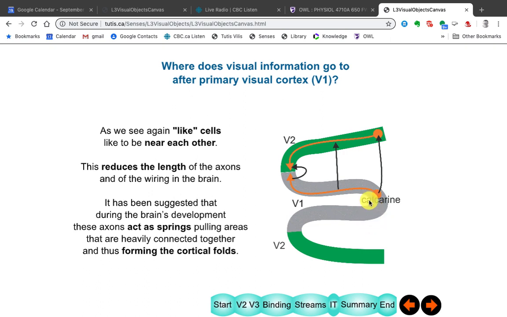This axon would be pulling because it was connected to a similar cell, and this would make the connection between this neuron and this neuron the shortest possible. So this fold would shorten the connections between these neurons and these neurons.